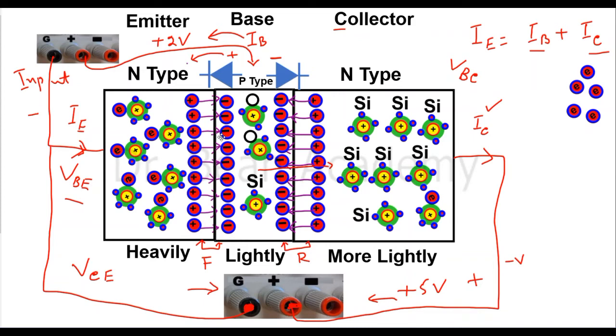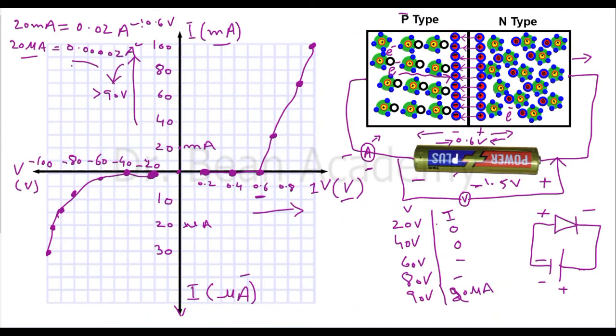Now we want to see the characteristics of common emitter configuration of a transistor, which can also work as an amplifier. As in the case of the diode, if you remember, we applied voltage, so that was our input characteristic, because we want to know what is the input, and then we want to see what is the corresponding output against that input.